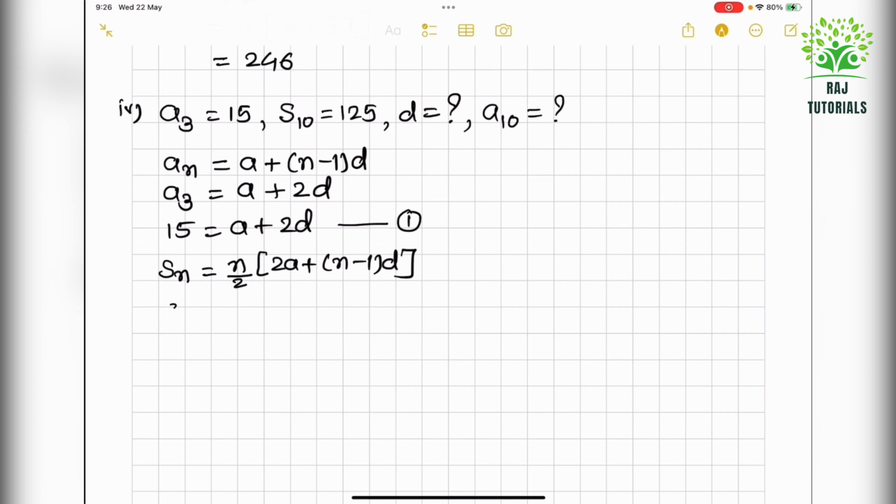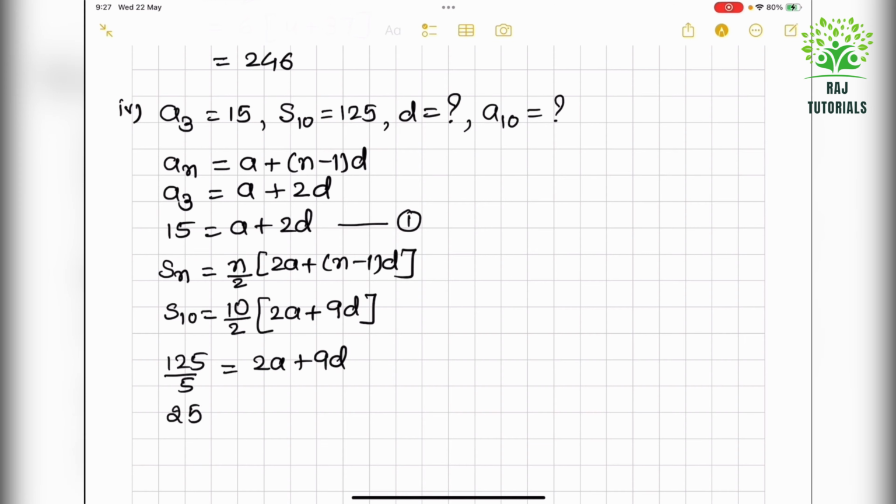So S10 equal to 10 by 2 into 2A plus 9D. So S10 is given as 125. So 125 divided by 5 equal to 2A plus 9D. 25 equal to 2A plus 9D.